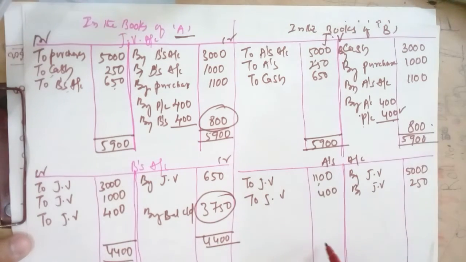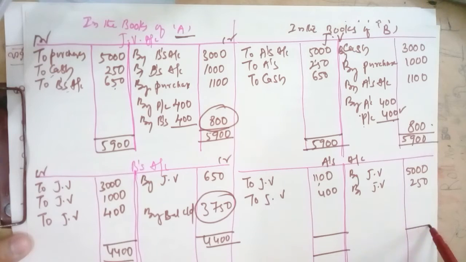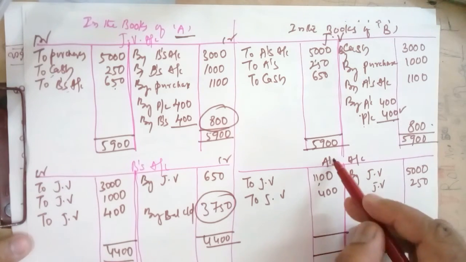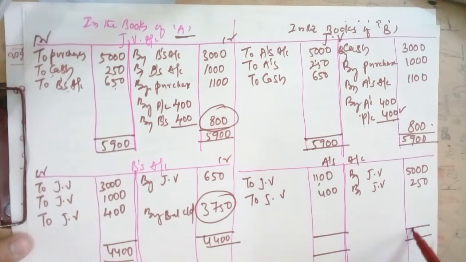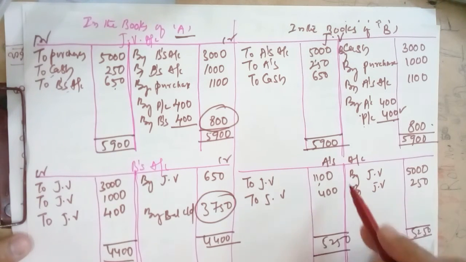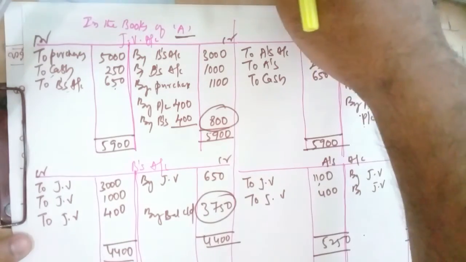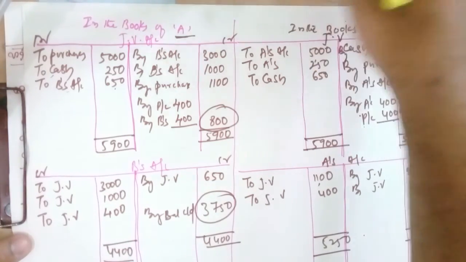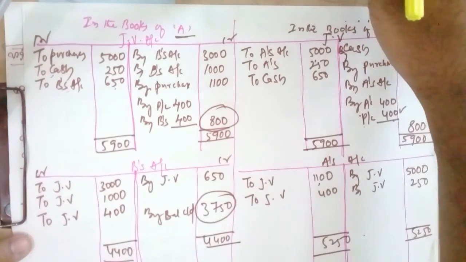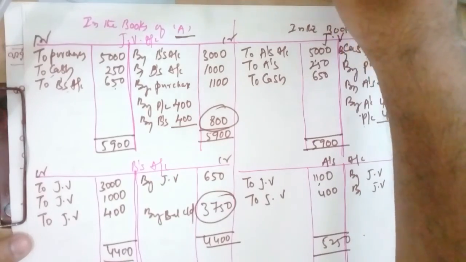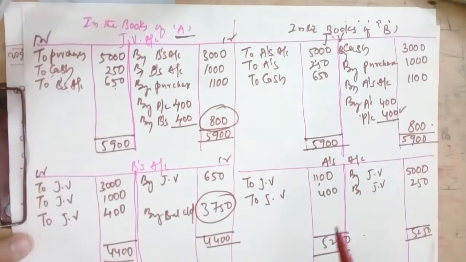Once this is written, we need to close the co-venturer's personal account, that is A's account. So when we close, 5,250 on both sides, from that 5,250 if you deduct 1,500, the balance is 3,750 to balance carried down.